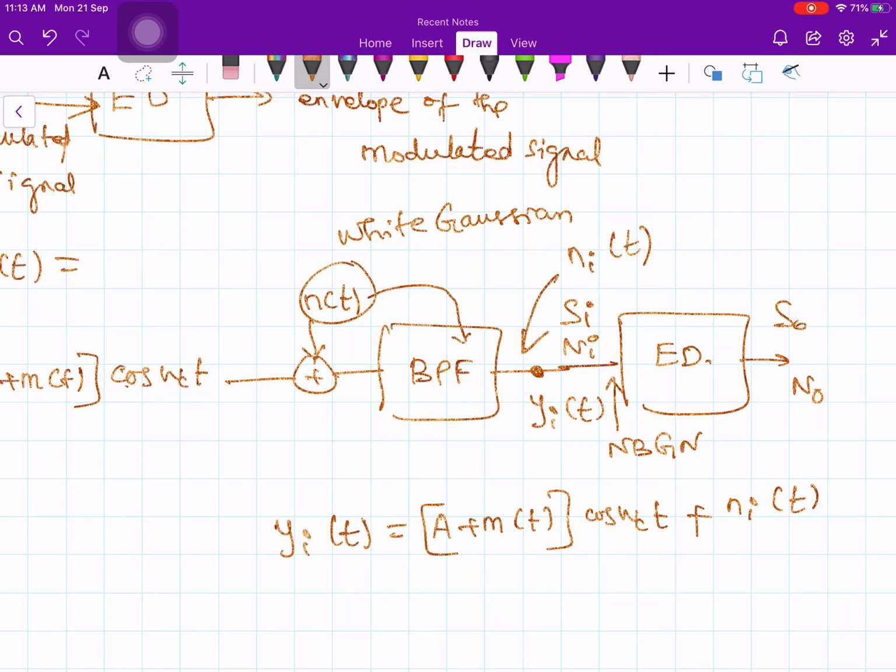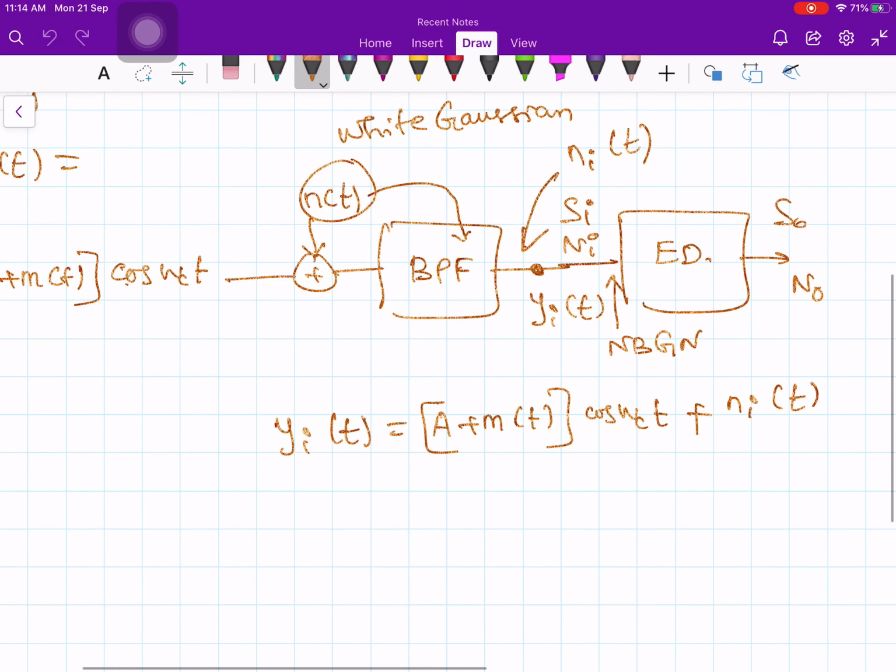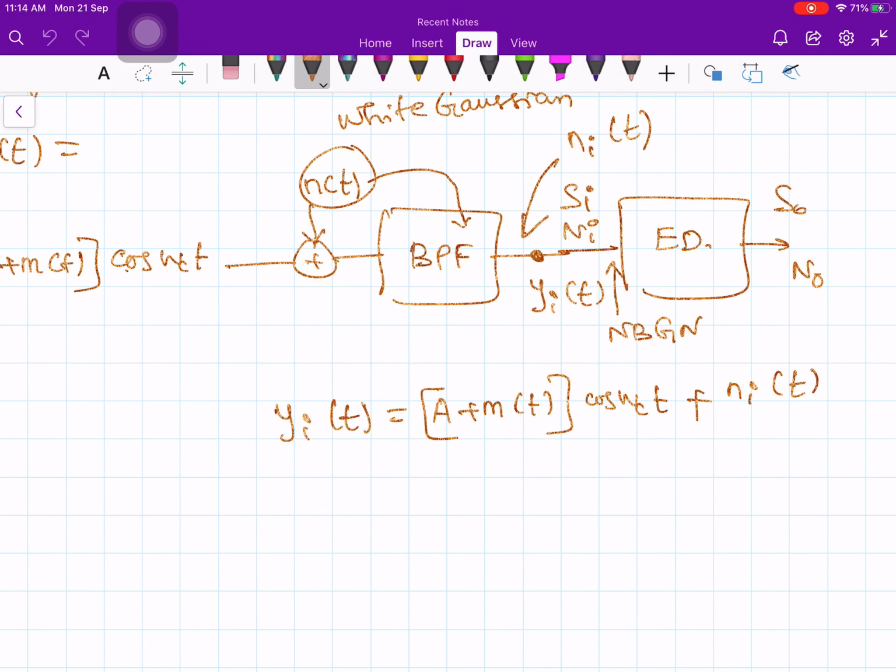Remember when I say the input to the demodulator, we are considering the output of the band pass filter, which is the front end or the first stage of the receiver, because the other channels also will come into your demodulator. So the receiver will always be associated with a band pass filter to pick up the desired signal with the bandwidth of B hertz in the case of SSB or 2B hertz in the case of AM system.